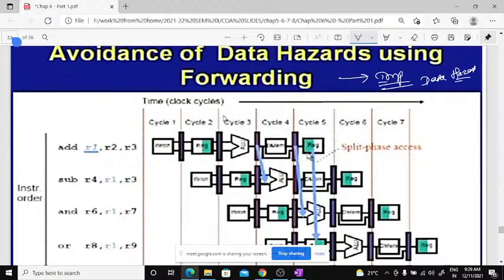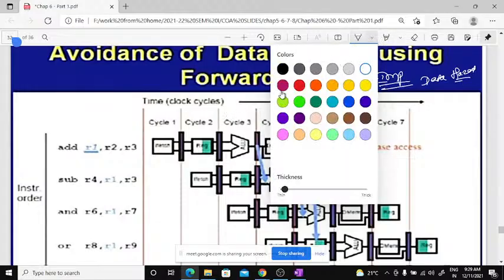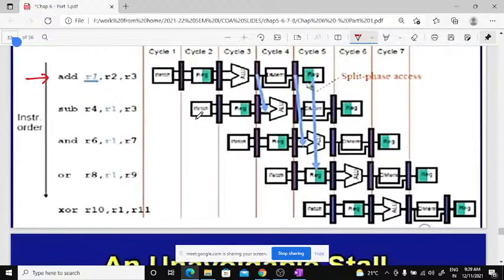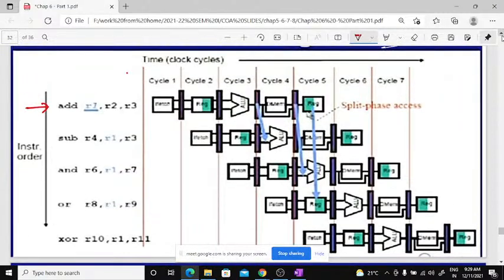So here you can observe, this is the first instruction, second instruction, third, fourth, and fifth instruction. And this is our 5-stage pipeline.